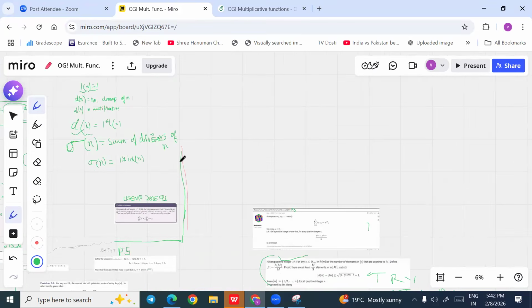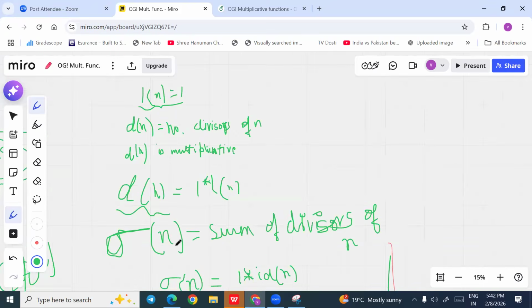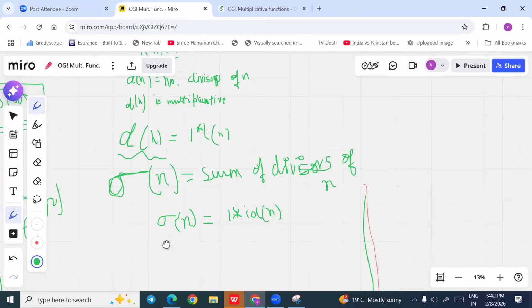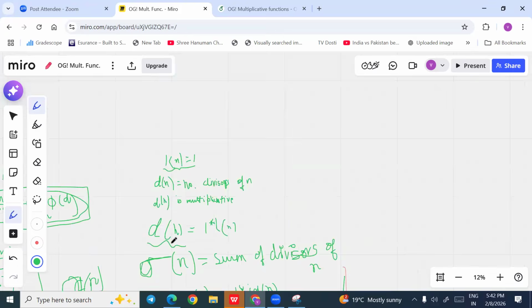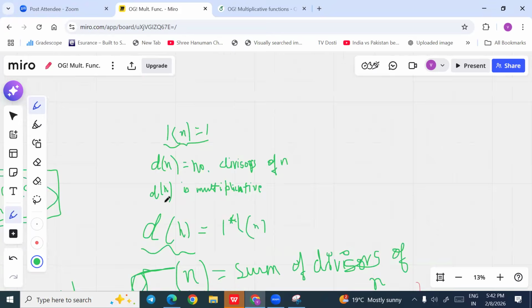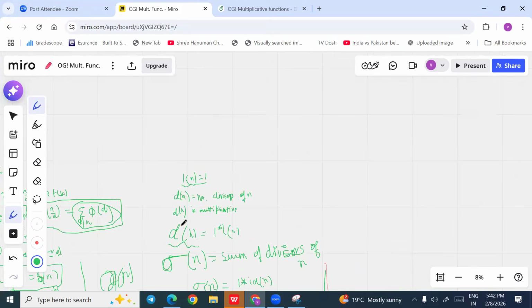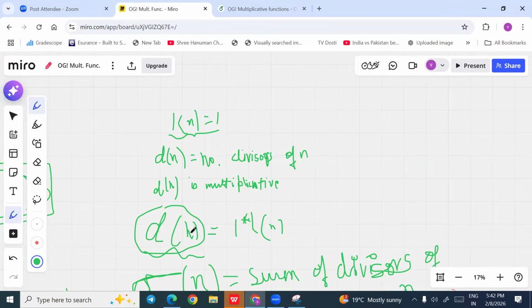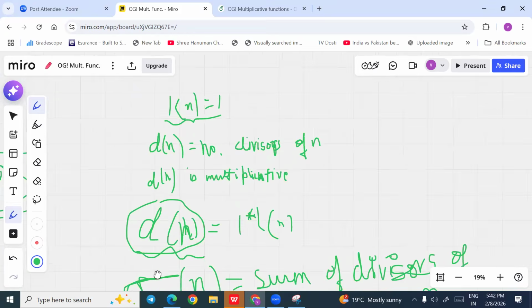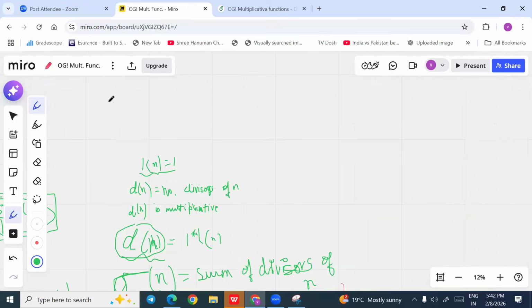Now suppose using this, I had to get a formula for sigma n. Let me get a formula for d(n) rather. Using Dirichlet convolution, I have easily proven that d of n is multiplicative. So if I compute d of a prime power p^k, this is just k plus 1.